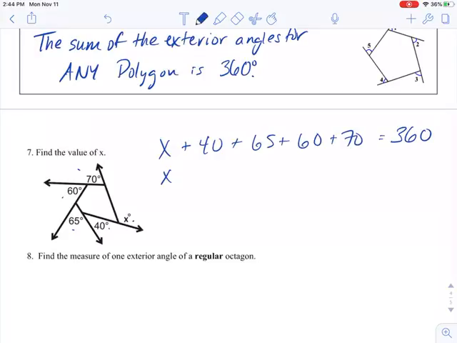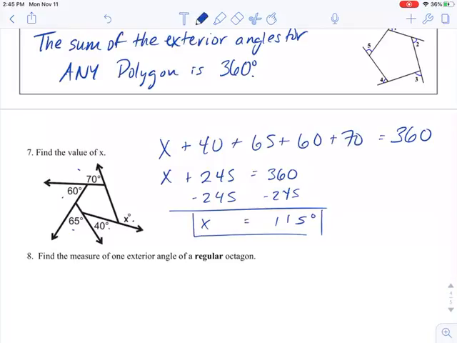And now I'm going to solve it. So 40 plus 65 is 105, plus 60 is 165, plus 70 is 245. And I'll subtract 245 from both sides. And I'll get that x is 115 degrees.